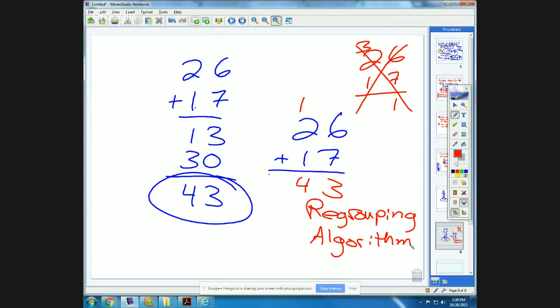And the instructions are: add the ones. If it adds up to more than 10, put the 10 digit in the tens column. Now add up all the digits in the tens column. That might lead to another carrying, but why do we call it carrying?